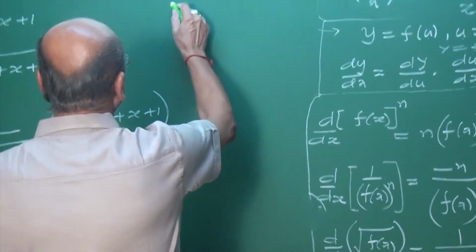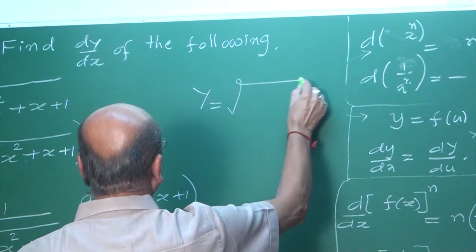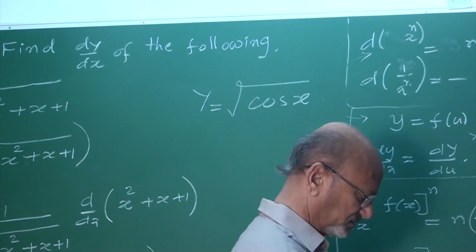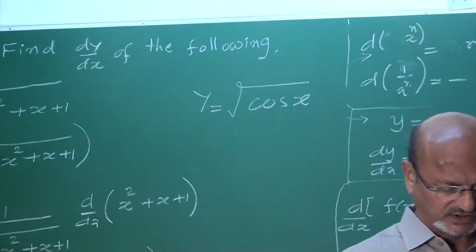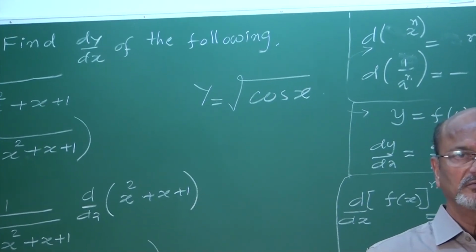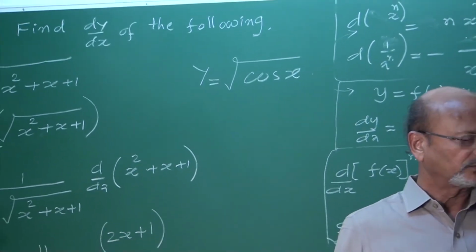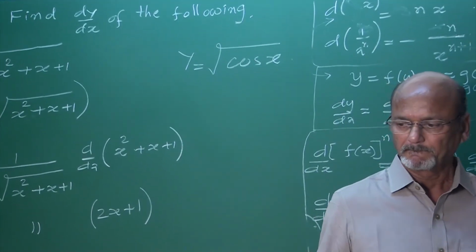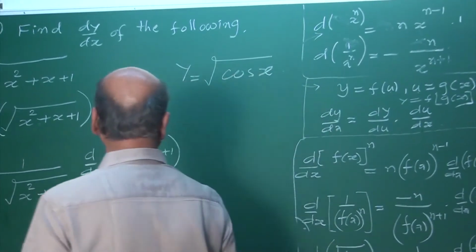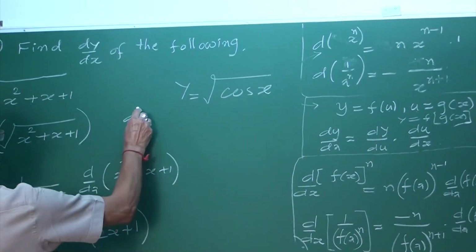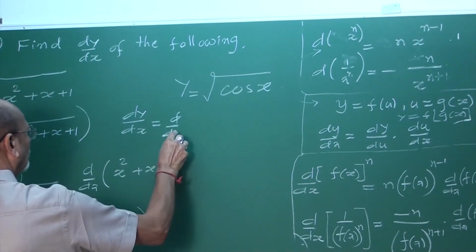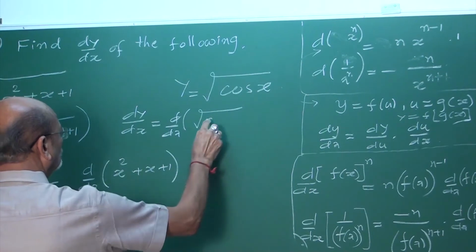Then y equal to square root of cos x. Tell, friend, dy by dx. It is d by dx of root cos x.